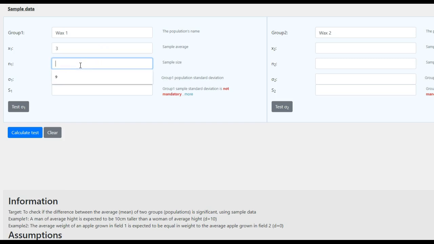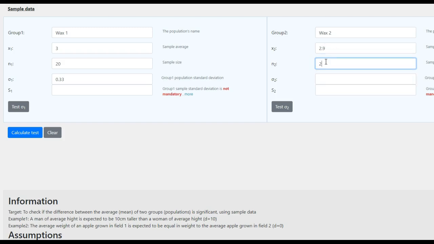Our number is 20 because 20 floors are randomly assigned to test each wax. And our standard deviation for the population is given as 0.33. I do not care about the sample standard deviation. I know the population standard deviation. Now moving on to group number 2, wax 2, its sample mean number of months that it lasted was 2.9.